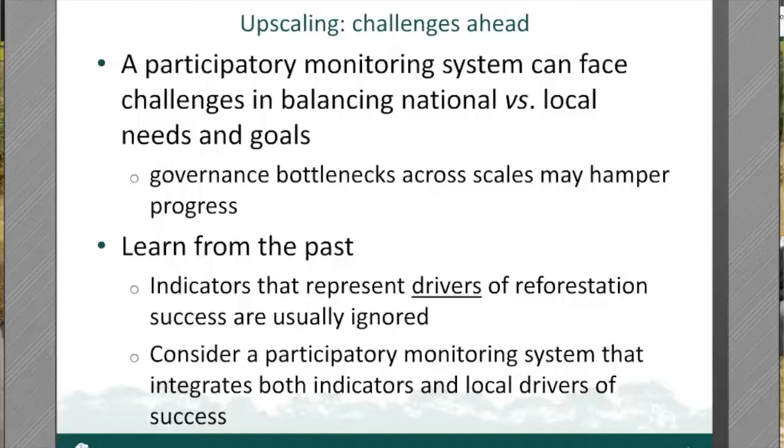Consider a participatory monitoring system that integrates both indicators and local drivers of success. The indicators should, to the extent possible, reflect what generates success based on lessons learned, and you can find out with interviews or participatory workshops about what has worked and what has not.